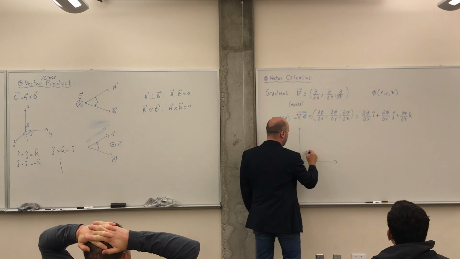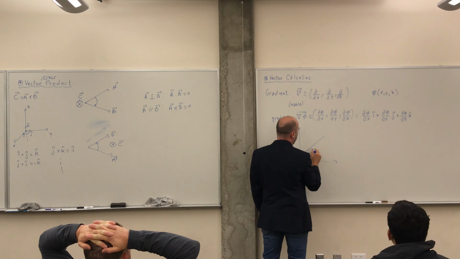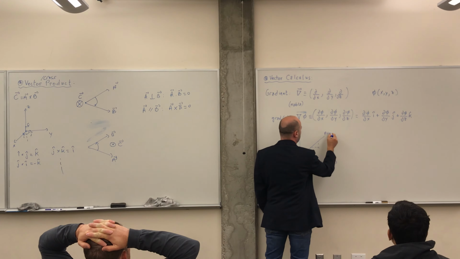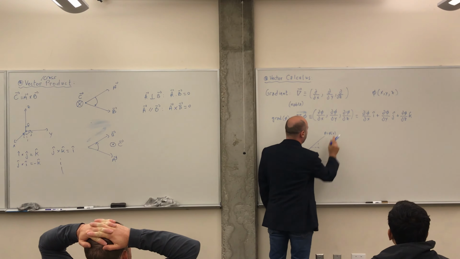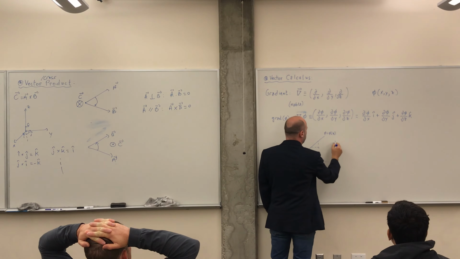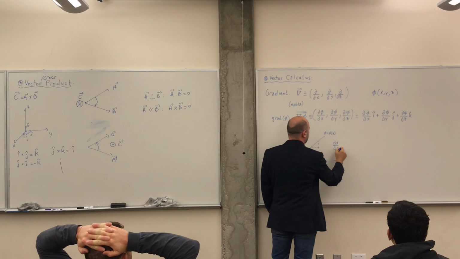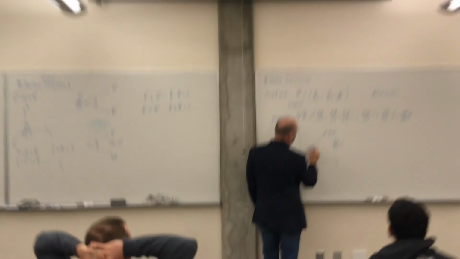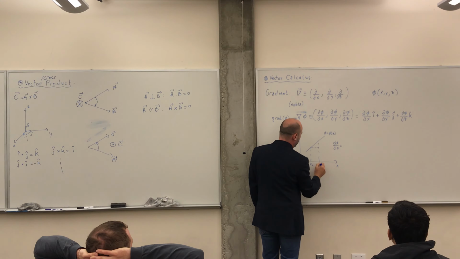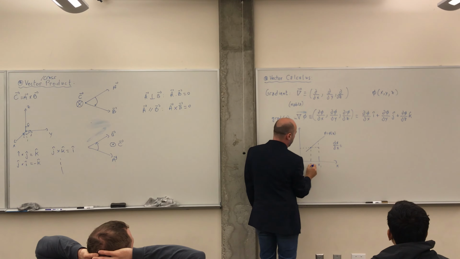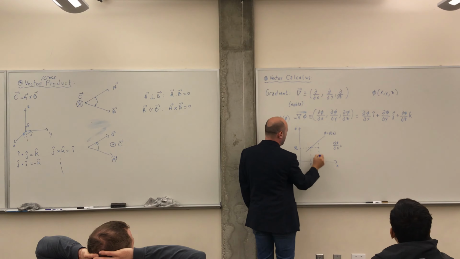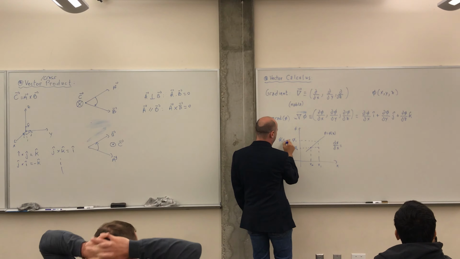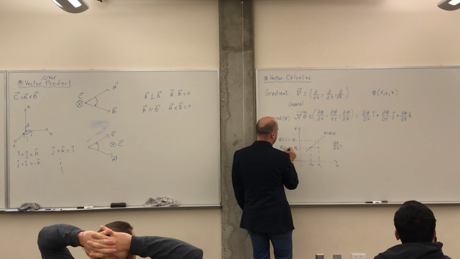It's just three derivatives. But if we go to 1D and you have a line like that, and this is your function phi of x, then d phi by dx is, so if this is x and this is the value of phi, you go from x0 to x1. At x0 you're at phi 0, and at x1 you're at phi 1, which is phi of x1 and phi of x0.